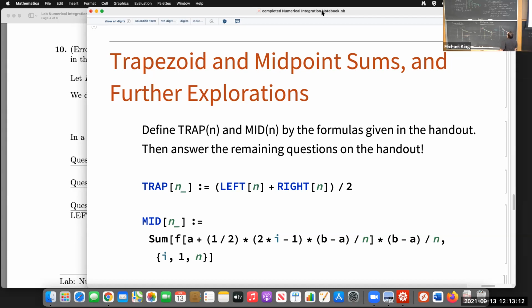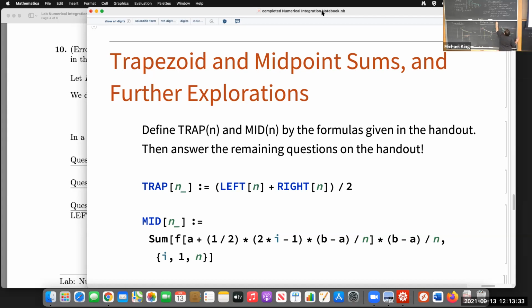Right, so again, I can write down some general facts, that if f of x is concave up, the trapezoid sum is an overestimate and the midpoint sum is an underestimate. So just try to fit some of this here.